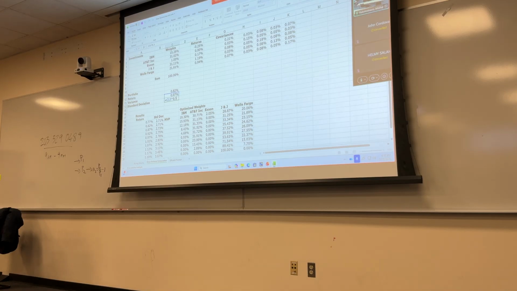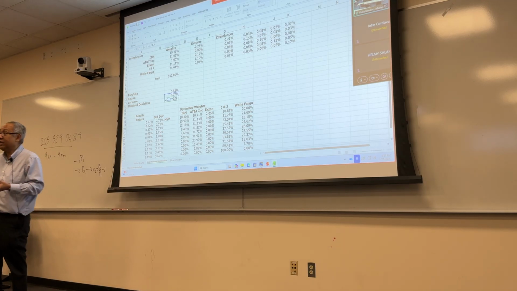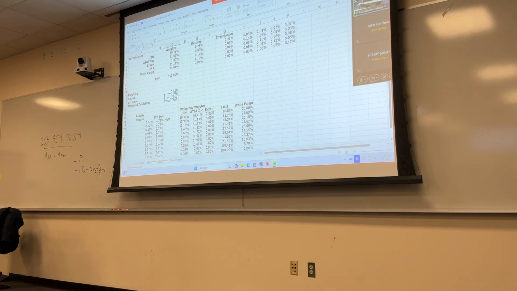We also know a couple more details. The efficient frontier should start with the MVP, meaning the safest possible portfolio. You remember that, right? And then it should end with the highest return of a single stock, like 1.19%.